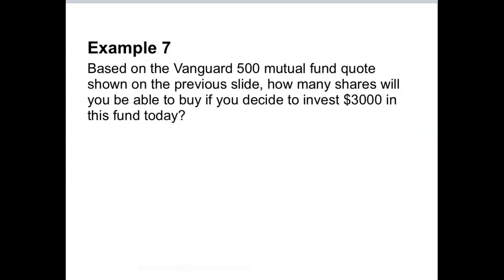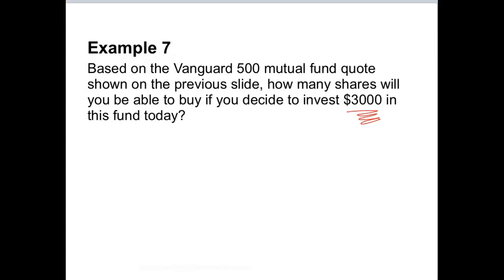All right. So let's do one last example. Based on the Vanguard 500 mutual fund quote shown on the previous slide, how many shares will you be able to buy if you decide to invest $3,000 in this fund today? And so a lot of times when you invest in a single stock, you can't invest in a partial stock.